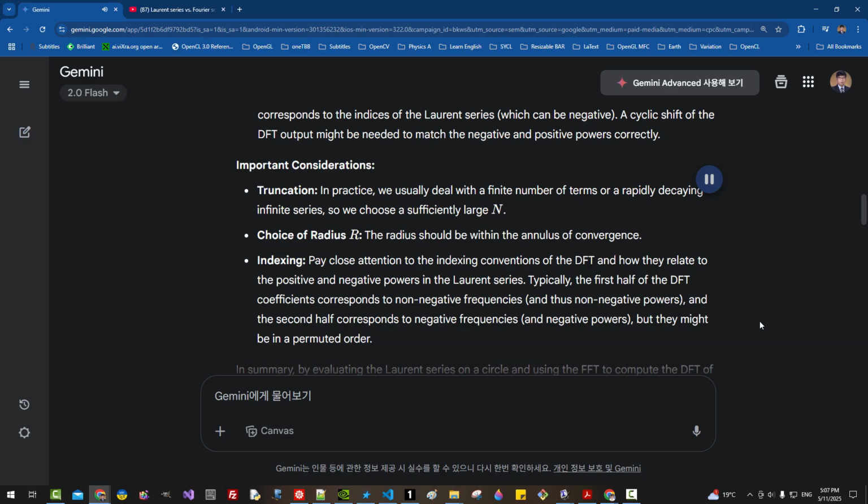Choice of radius r: the radius should be within the annulus of convergence. Indexing: pay close attention to the indexing conventions of the DFT and how they relate to the positive and negative powers in the Laurent series. Typically, the first half of the DFT coefficients corresponds to non-negative frequencies, and thus non-negative powers, and the second half corresponds to negative frequencies and negative powers, but they might be in a permuted order.